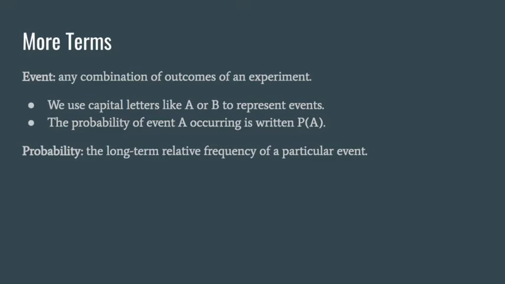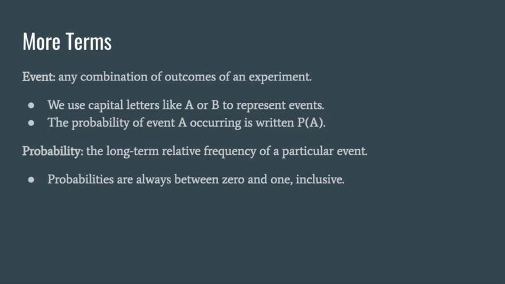Now it's probably not going to be exactly 5,000, but it's going to be pretty close, close enough that it's going to look like roughly half. So the long-term relative frequency, meaning if you do something a lot of times, is going to be indicative of the probability. Really important thing to note here: probabilities are always between 0 and 1.